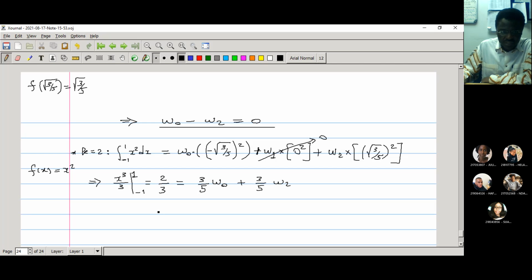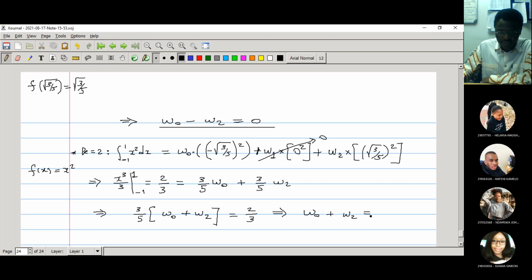So this implies, therefore, I can factor that 3 by 5. W0 plus W2 is equal to what? 2 by 3. So now if I multiply both sides by 5 by 3, this becomes 10 by 9. So this implies that W0 plus W2 is equal to 10 by 9. And this is our third equation.